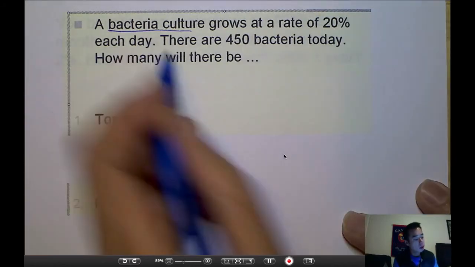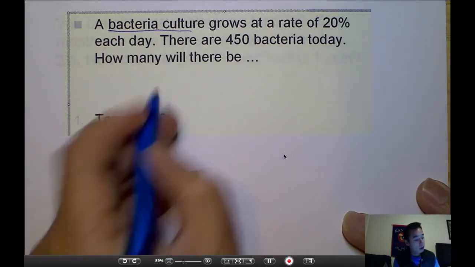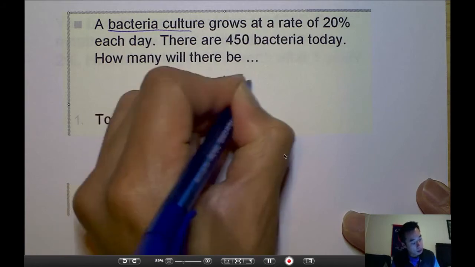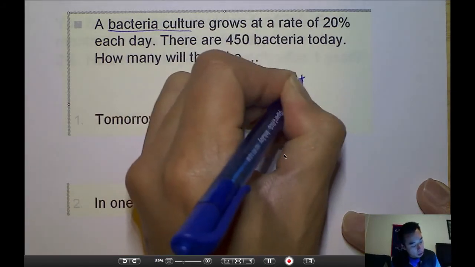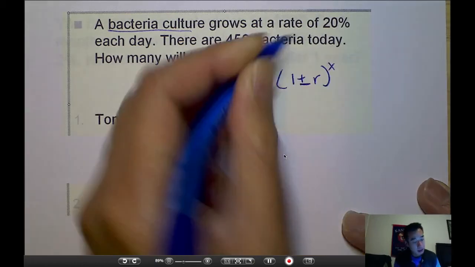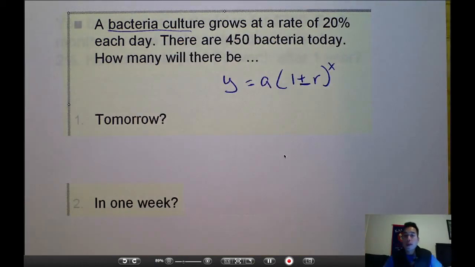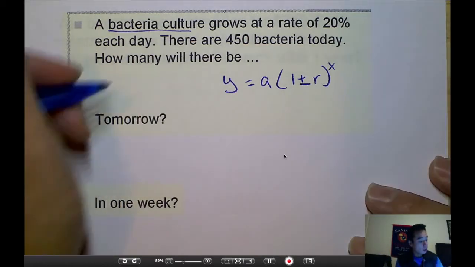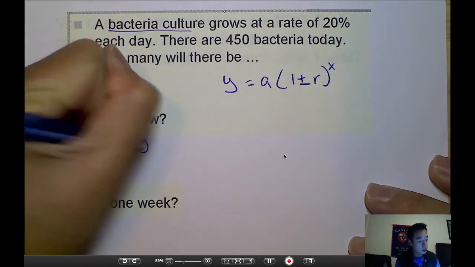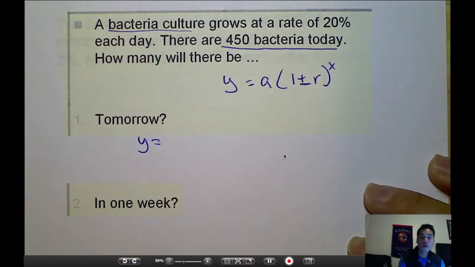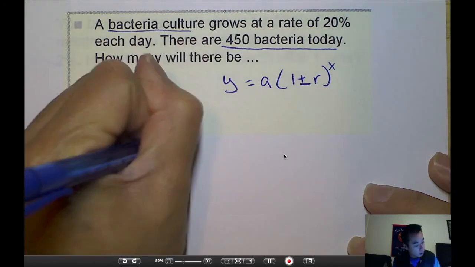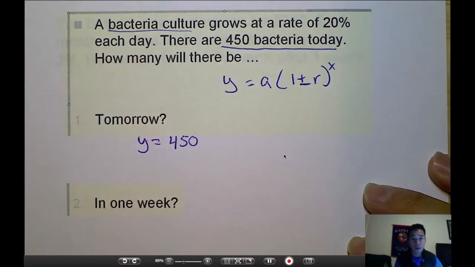Since we know this is a growth model, we're going to write the formula. y is equal to a times 1 plus or minus r to the power of x. Plus would mean something's growing; subtraction would be a decay, or something that's decreasing. So tomorrow, the first thing we need to do is figure out our initial value. There are 450 bacteria today, so replace a with 450.